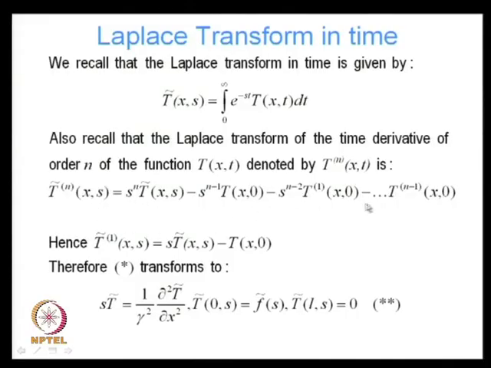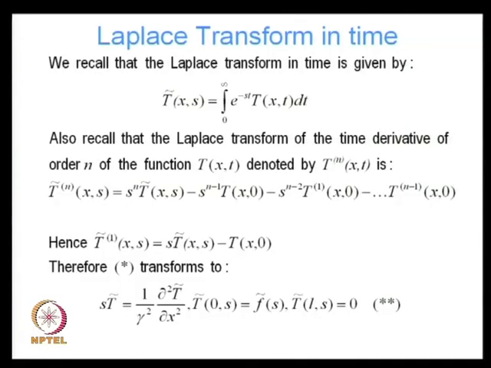When we do the Laplace transform, we remove those derivatives and replace them by these algebraic expressions. Since we have taken the transform only in the time domain, those derivatives with respect to x remain, and I get a second order ordinary differential equation in x subject to two boundary conditions at 0 and L.